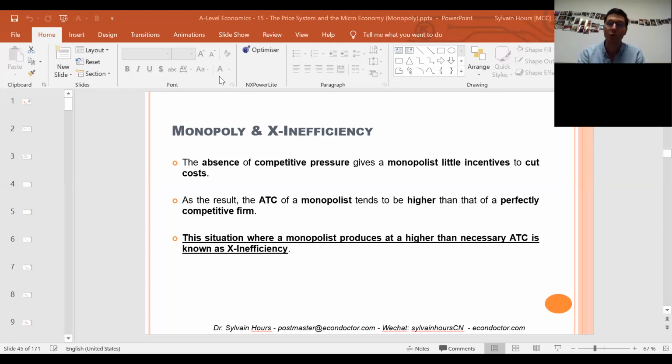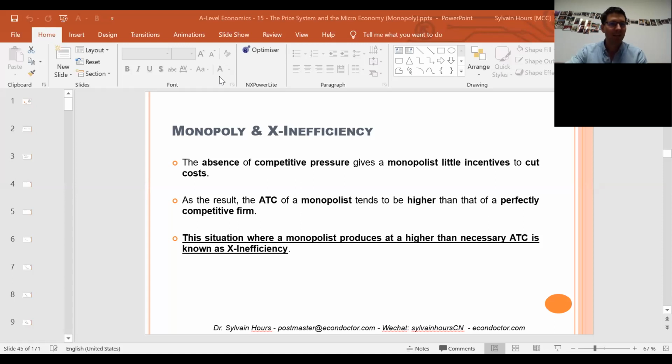So we could argue that even oligopolists suffer from X-inefficiencies, and even monopolistically competitive firms might also suffer from X-inefficiency, even though because they have a much weaker market power, we can suspect that the extent or the size of this inefficiency is likely to be much smaller than in the case of a monopoly.